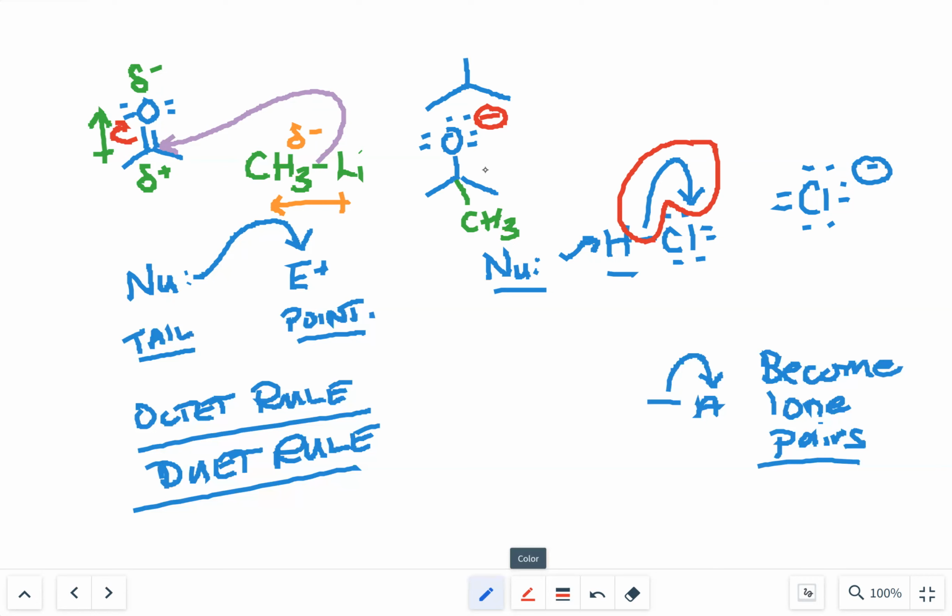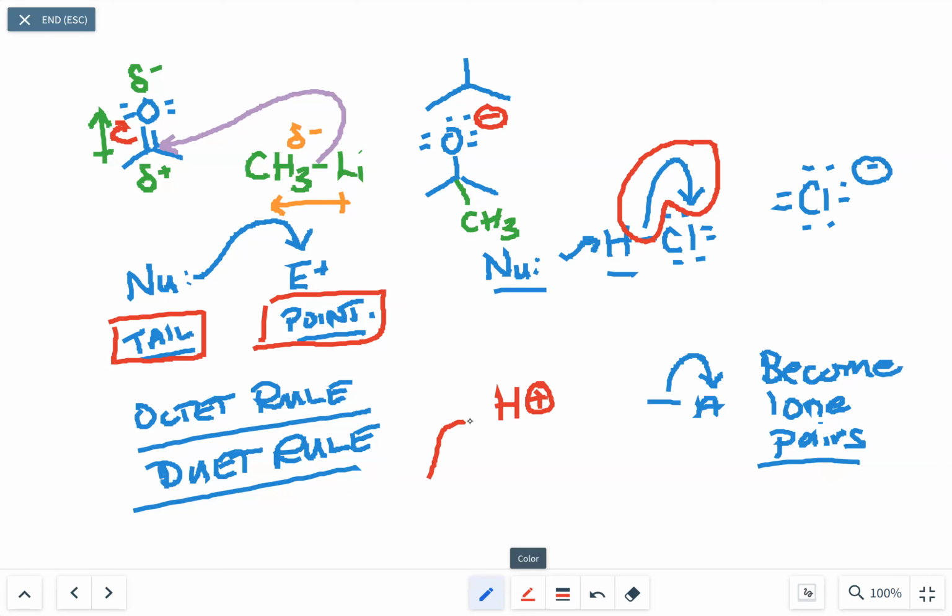So whenever there's a mechanism question, if you can identify the nucleophile, this is where the tail of your arrow should be. And if you can identify the electrophile, that's where the point should end up. But if your electrophile is only H+, well, then it's just one arrow.